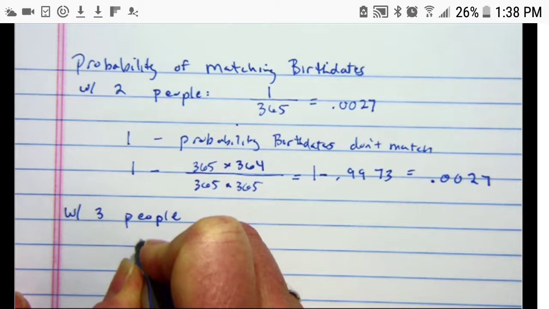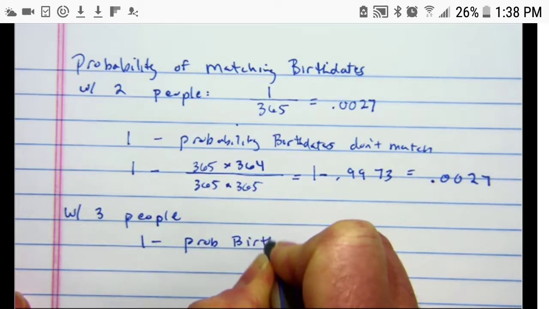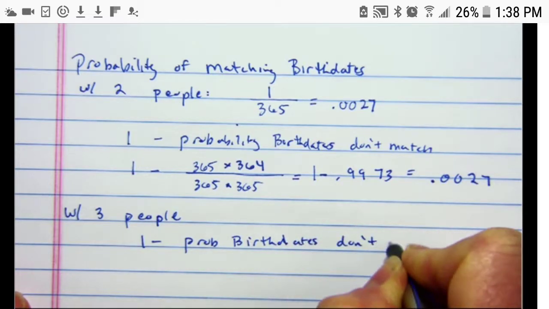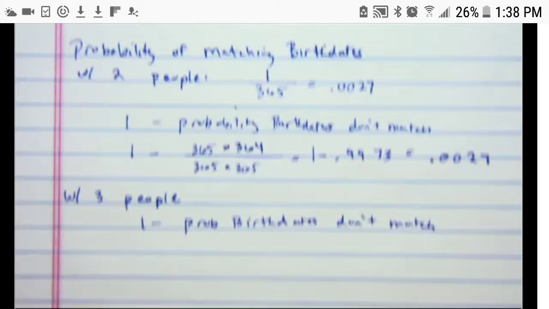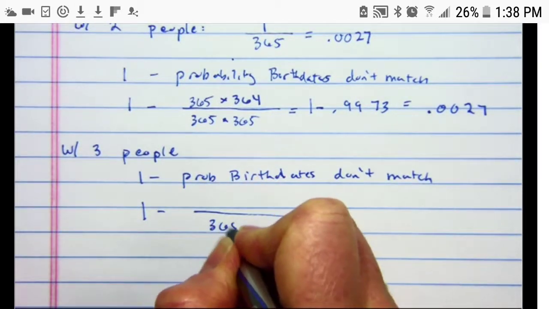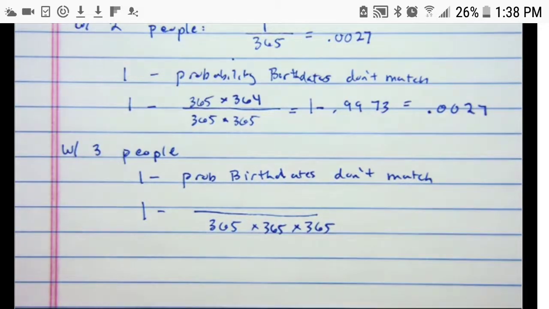And then we can go on and follow this pattern through with three people. So you'd have 1 minus the probability that the birthdays don't match. You have 1 minus, with 365 times 365 times 365 total possibilities in the denominator, just like our cube with the 6 dice.